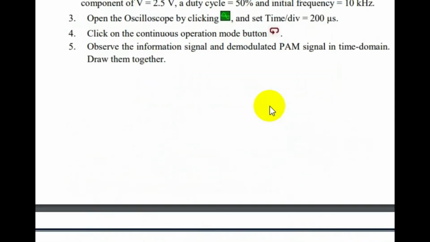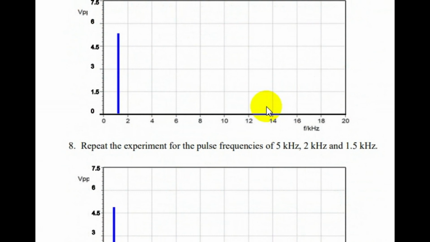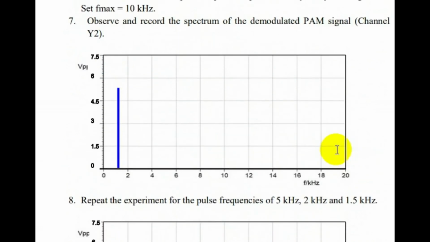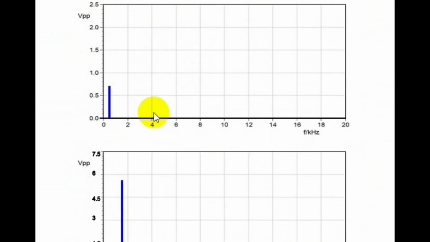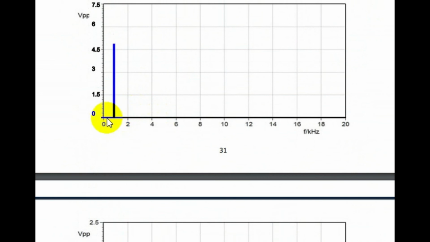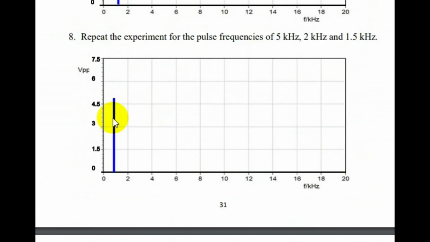After changing the frequency from 5 kilohertz to 2 kilohertz and 1.5 kilohertz, you can find this is the frequency. This is for the 2 kilohertz, and you can see the frequency here, it is around 1.5.